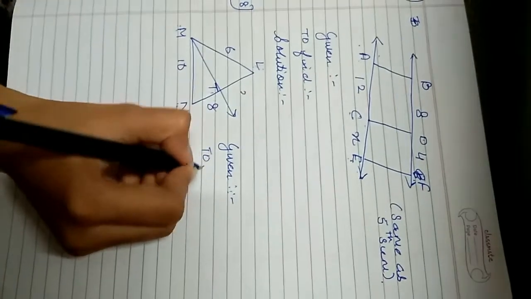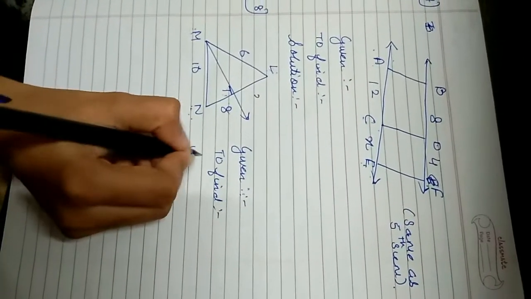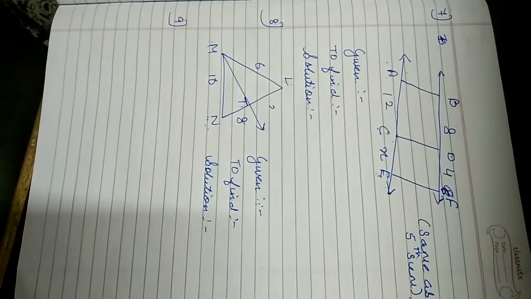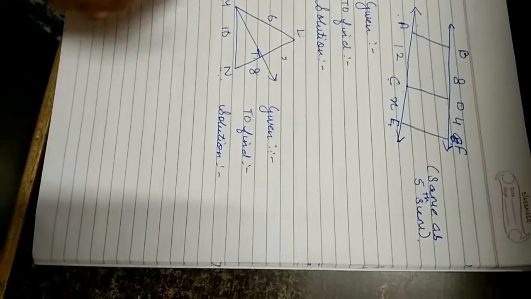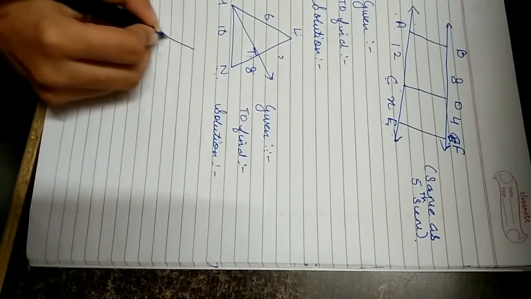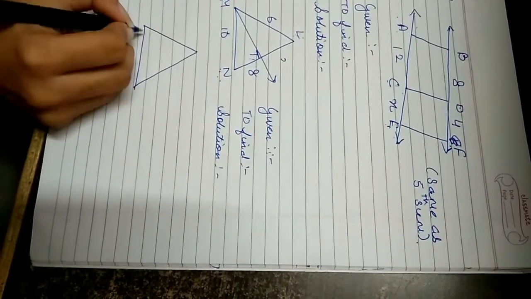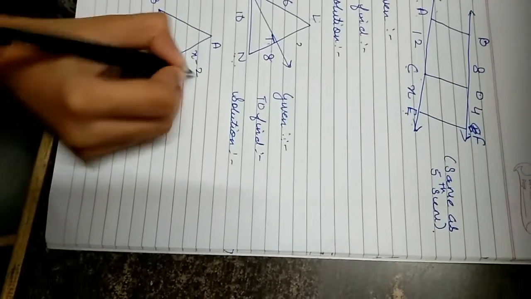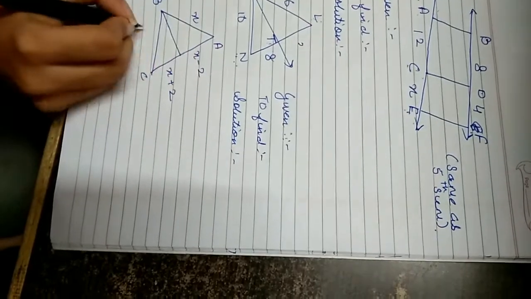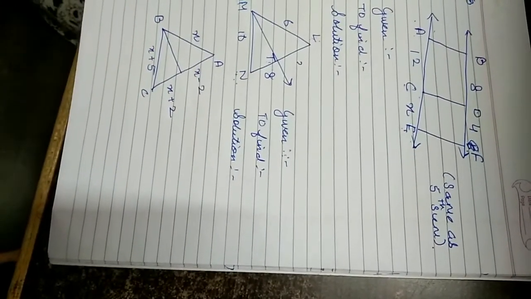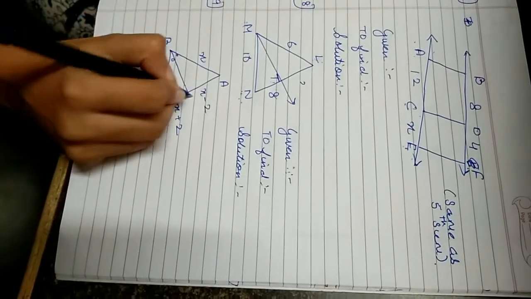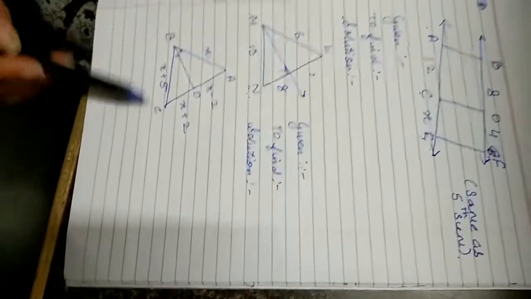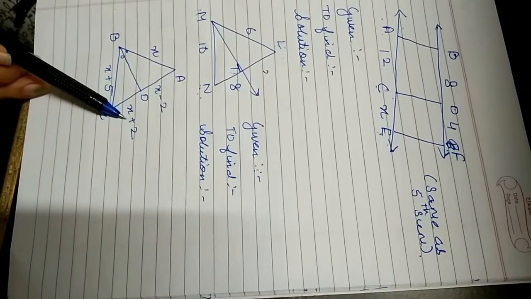Given, to find, solution. Understood? Yes, now 9. A, B, C, x minus 2, x plus 2, x plus 5. Now in triangle ABC, BD is the bisector of angle ABC. If AB is x, BC is x plus 5, AD is x minus 2, DC is x plus 2.